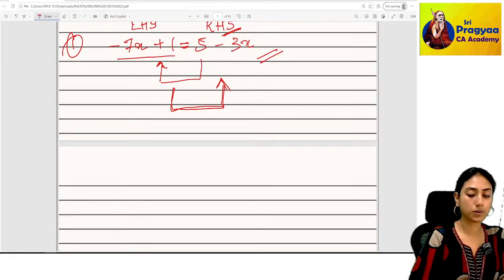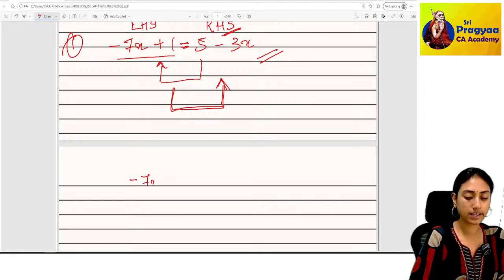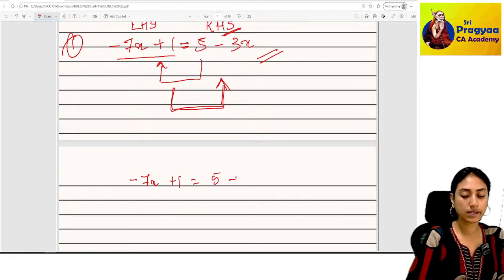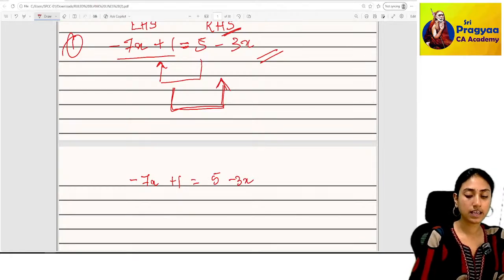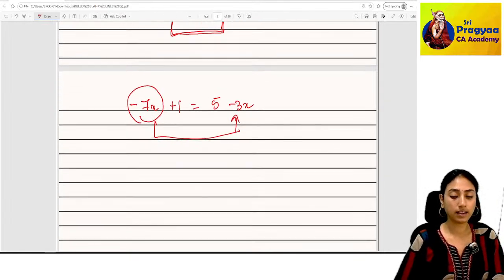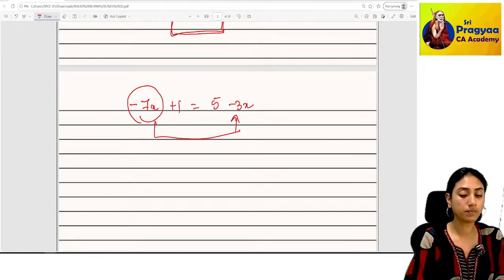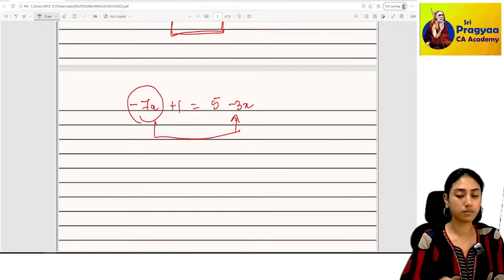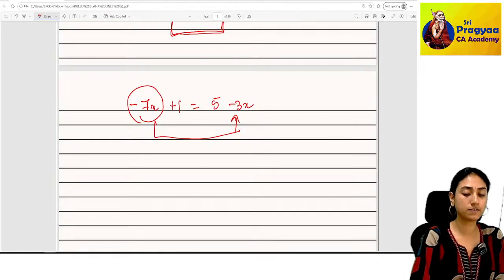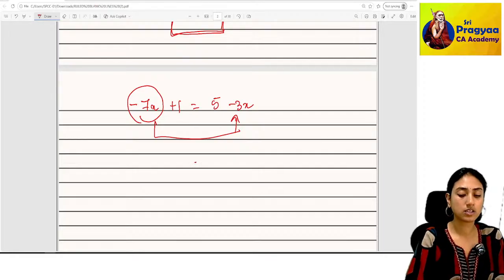So here we have minus 7x plus 1 is equal to 5 minus 3x. If I am moving this minus 7x to the RHS, then my sign will vary. From the negative sign it will become a positive sign. So this will be rewritten as 7x minus 3x.